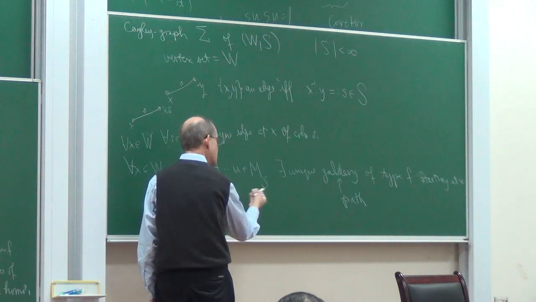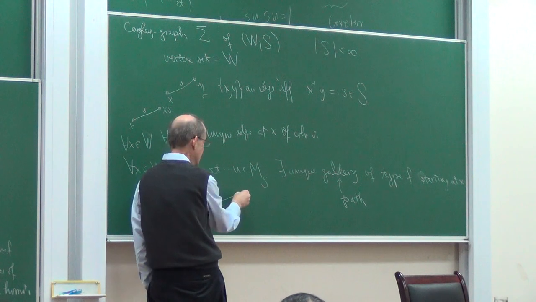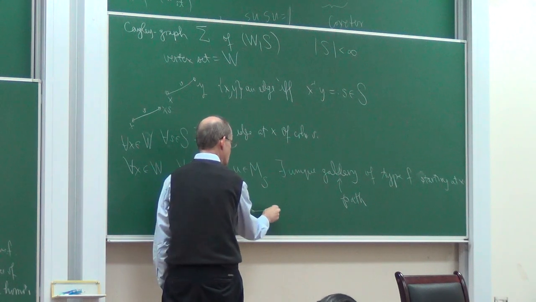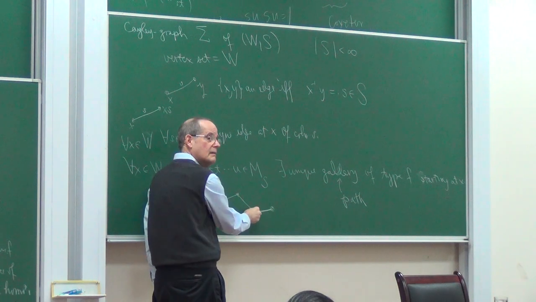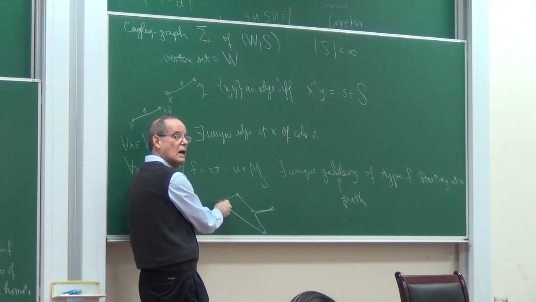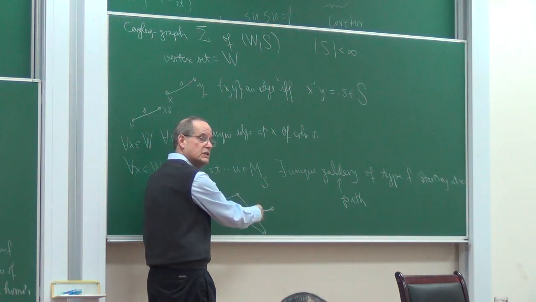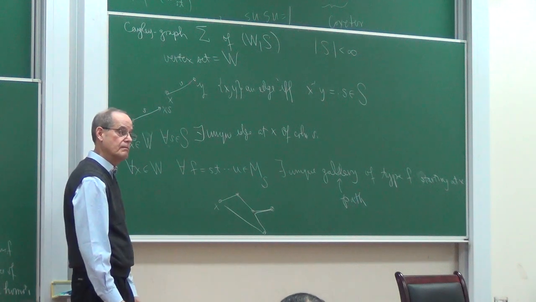So what does a gallery look like? You start at some vertex, and you go up by some edge, and then you use another edge, and then you use another edge. And you're allowed to use the same edge twice. So maybe you go back again, and then you go here. And maybe you go back where you started. So you're allowed to use edges more than once, you're allowed to use vertices more than once. This is a gallery.